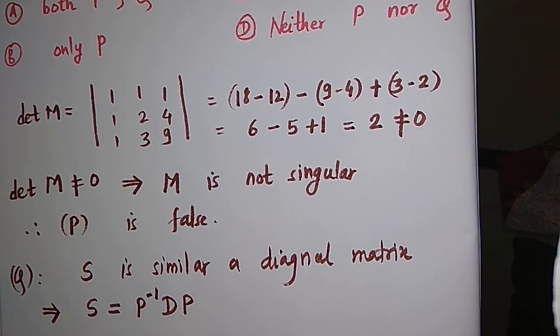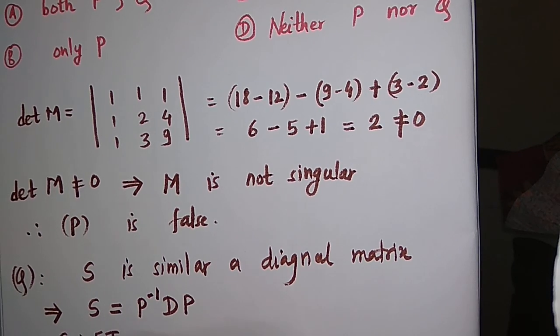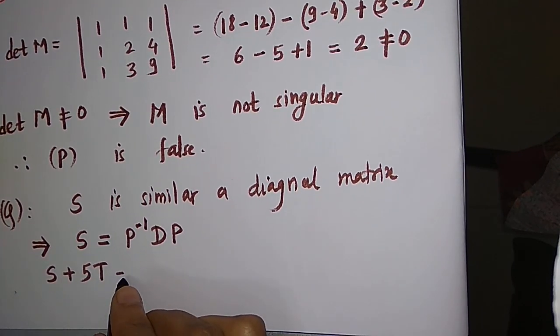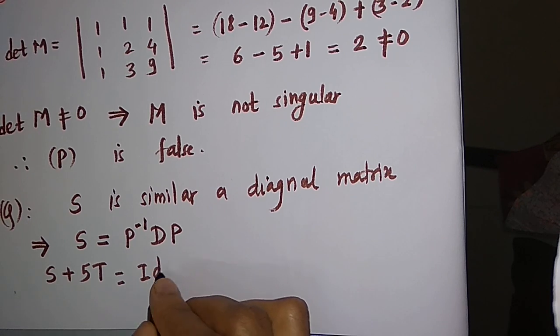Now, S plus 5T is equal to the identity. It is given.